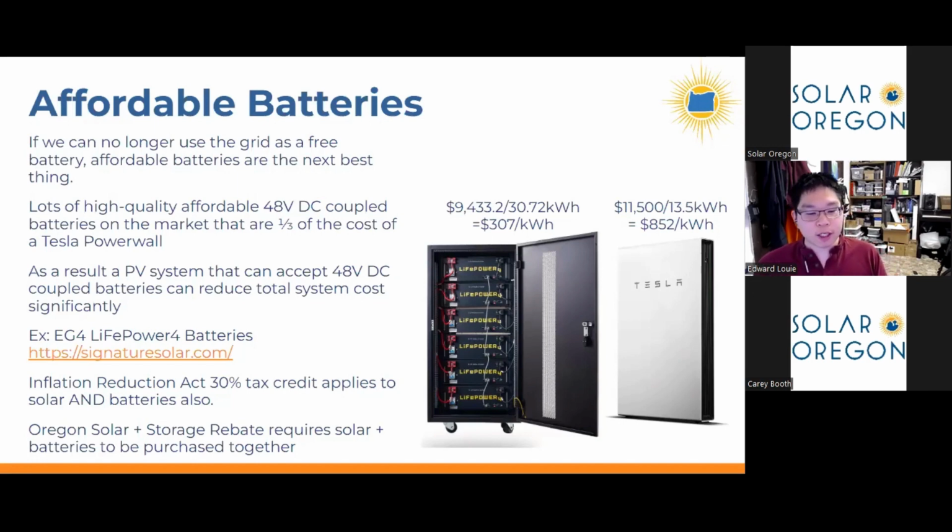That 30% tax credit for solar applies to batteries as well. Oregon also has rebates for solar plus batteries, but if you want to take advantage of those rebates for the battery portion, you have to buy the batteries with the solar at the same time. So that's something to note, whereas with the Inflation Reduction Act, you can do it in separate purchases if you wanted to. Next slide.